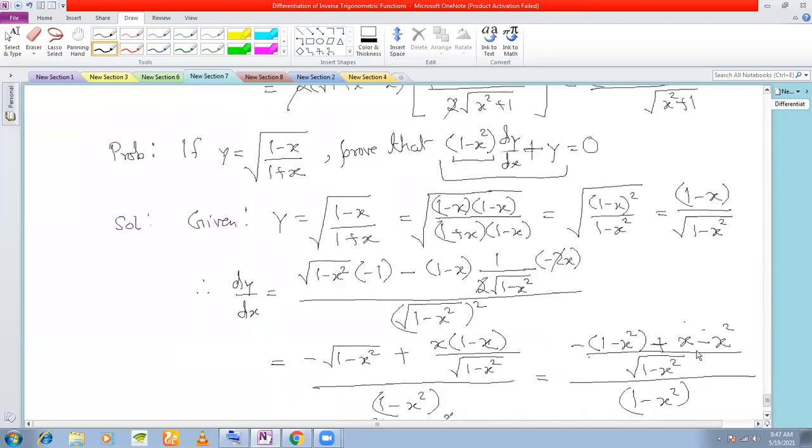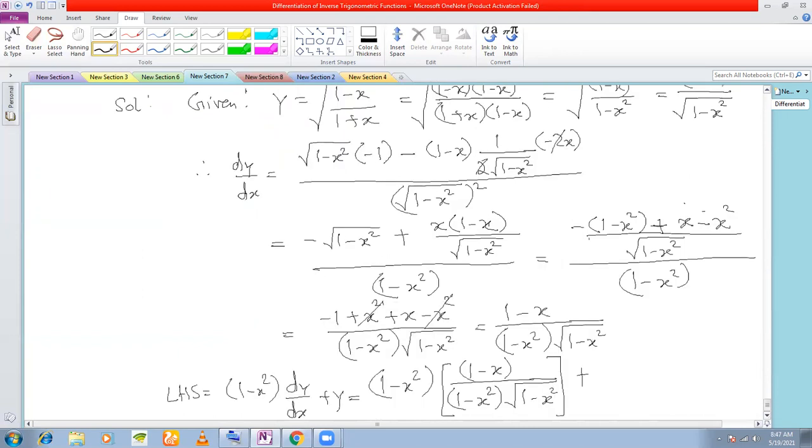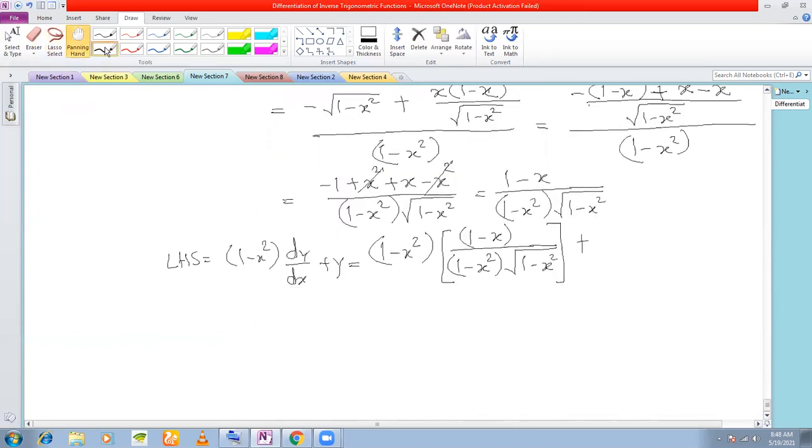What is the value of y here? Value of y here is root of 1 minus x by 1 plus x. So put the value. Now this will become, now see here 1 minus x and 1 minus x will cancel.